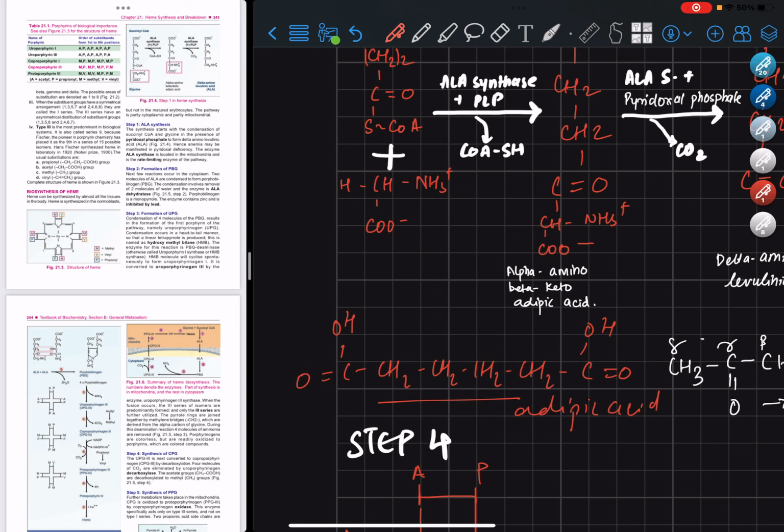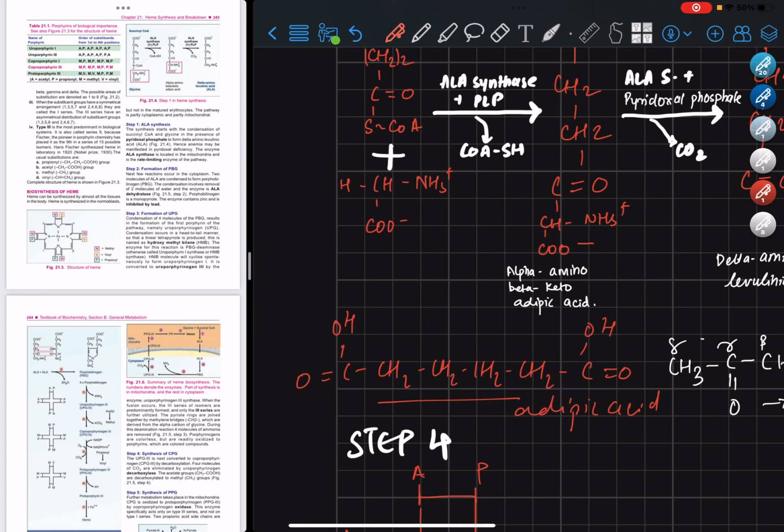So this is COOH and COOH, as we know, oxalic acid, and then we keep adding one carbon each. For adipic acid, we add 4 carbons in between the 2 carboxyl groups. So the same molecule is there, but at the alpha carbon you see an amine, and at the beta carbon you see a ketone group. That's why the alpha-amino beta-keto adipic acid is the intermediate.